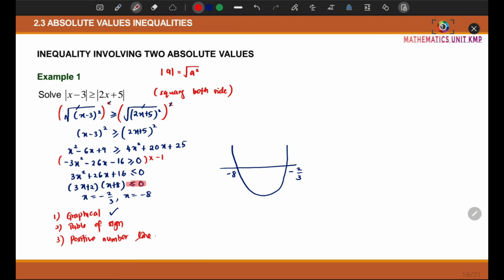We want less than or equal to 0, which is the lower part of the axis. The answer should be closed bracket negative 8 to negative 2 over 3, also closed bracket. You can try the table of signs or the positive number line method and find out that it will lead you to the same answer.